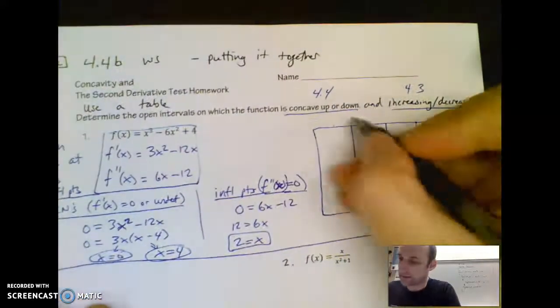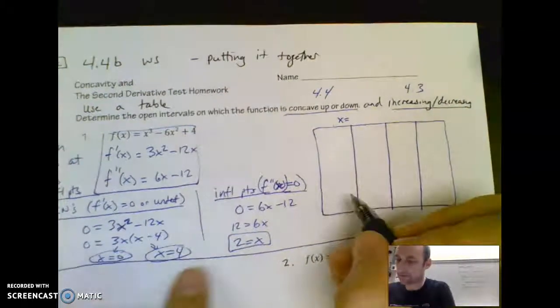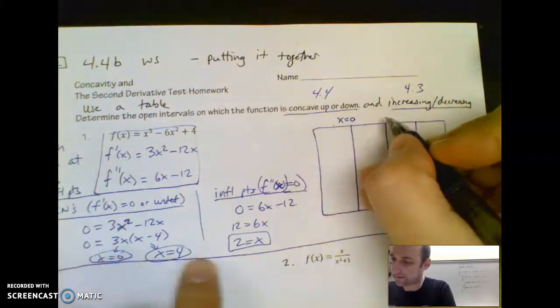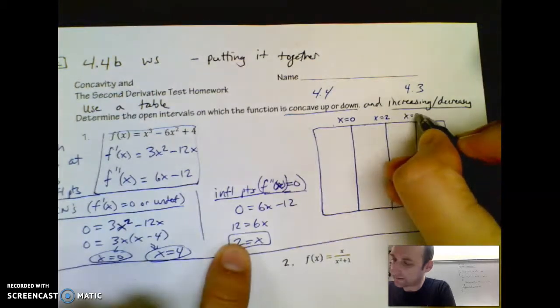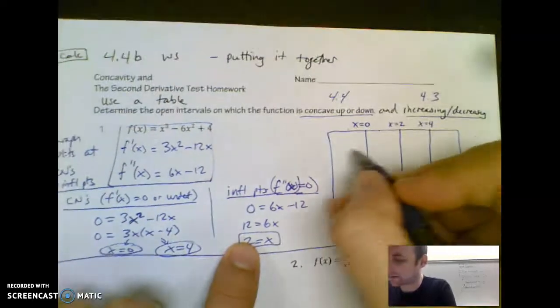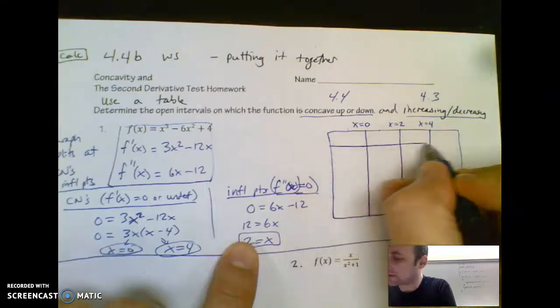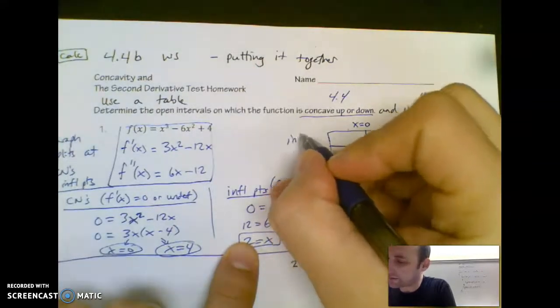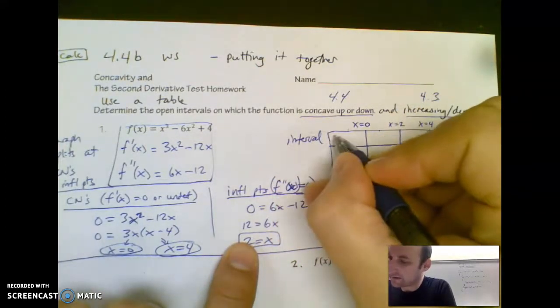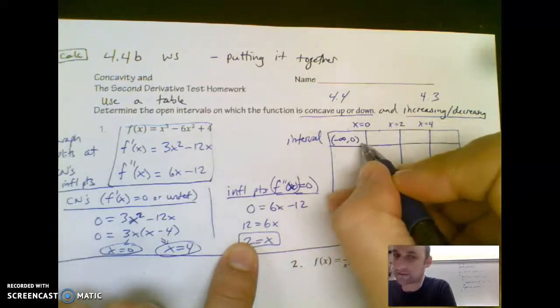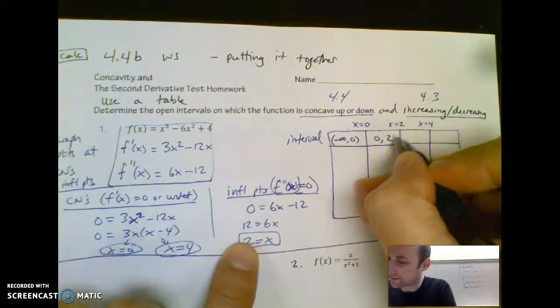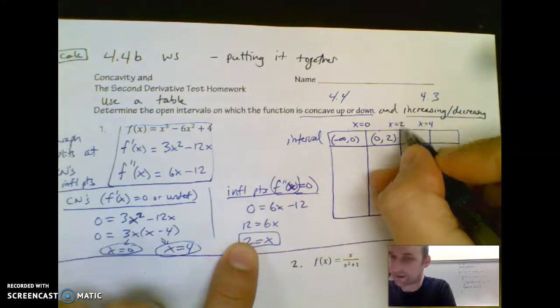It's going to split at x equals, I try to put them in order, so 0 is the farthest left, then 2, and then 4. They don't always come out that even. And then we're going to chop up our whole graph interval into those pieces. So from negative infinity to 0, it's going to behave one way. From 0 to 2, it's going to behave another way. I'm just splitting it.